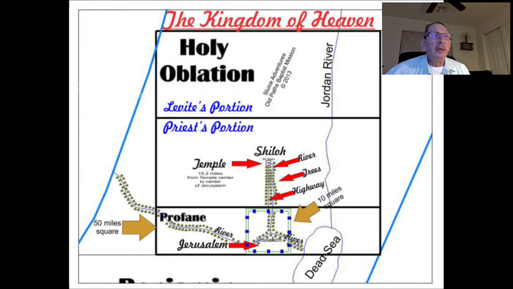Okay, I should see the cursor. So basically, this area from the edge of my picture, square all the way around, is 50 miles by 50 miles. And it's divided in 3 portions.